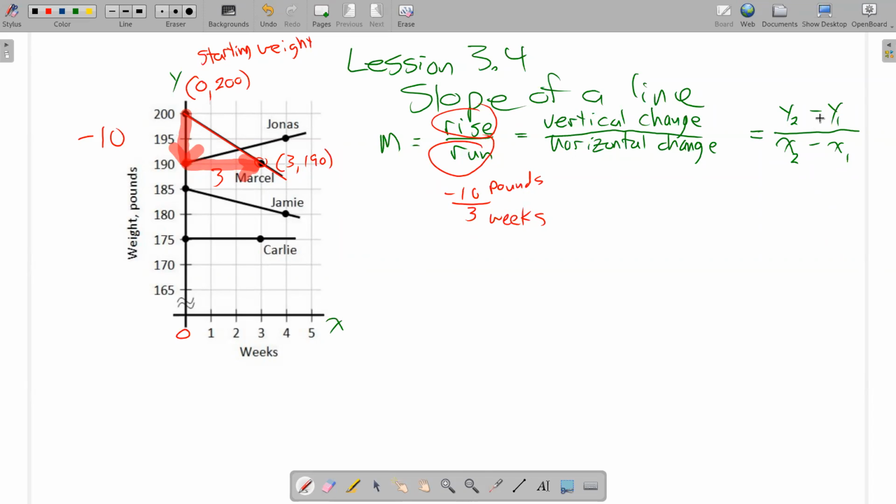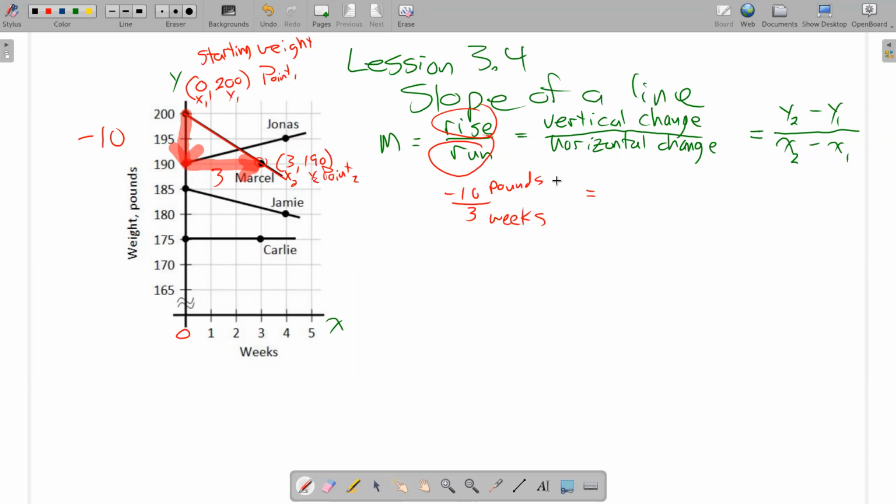Now, comparing that to the formula I have here, this one right here would be my point 1, and this one right here would be my point 2. So that means if this is point 1, that's x1, that's y1. This is point 2, that would be x2 and y2.